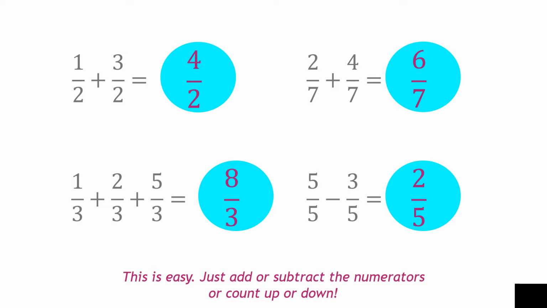And 5/5 minus 3/5 leaves us with only 2/5. This is really easy. Just add or subtract the numerators.